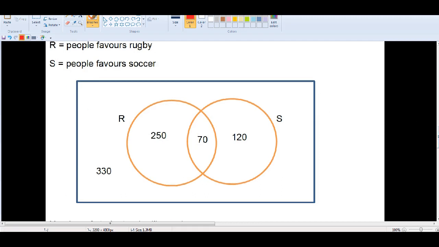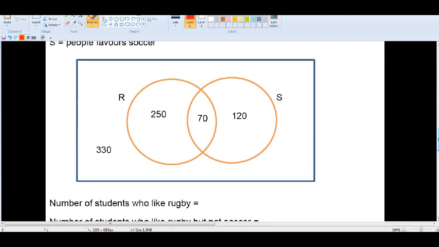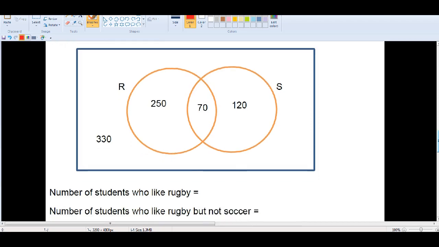Again, we see a rectangle, which means all the people in the survey. You have a circle R, which represents the number of people who like rugby, and another circle S, which represents the number of people who like soccer. Let's see how many students who like rugby.